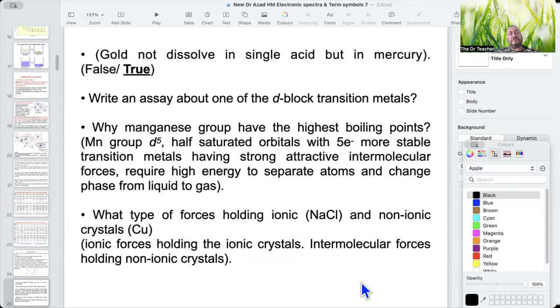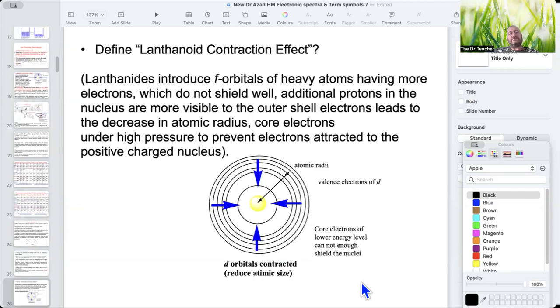Here are more questions. Define the lanthanide contraction effect. You can find it here exactly. The atom is not destroyed because the core electrons shield the nucleus protons from the attraction of the negative charge of the surrounding electrons. So the atom is safe.